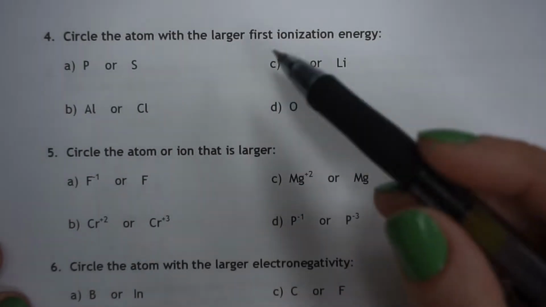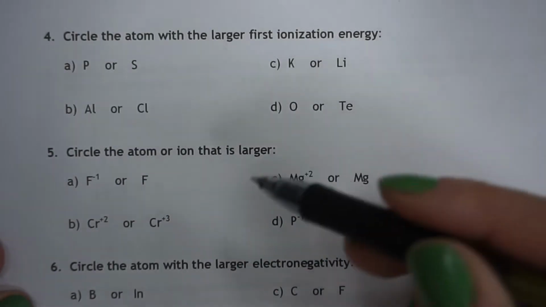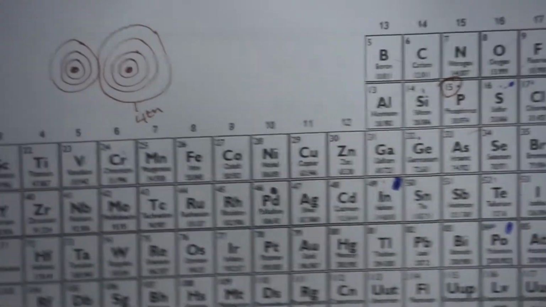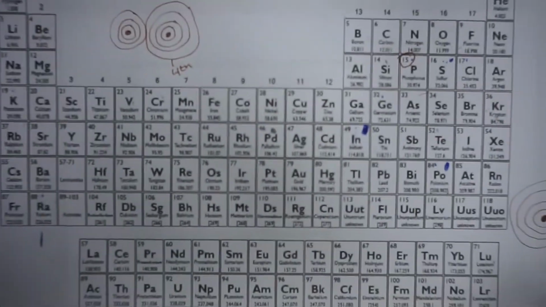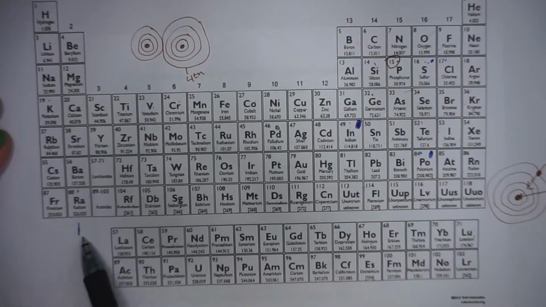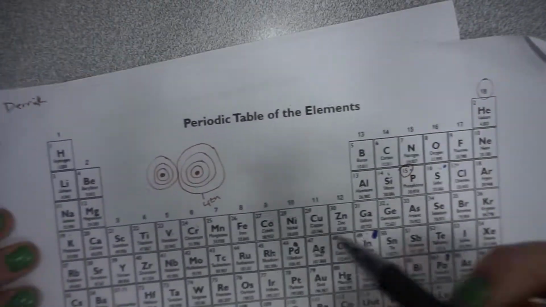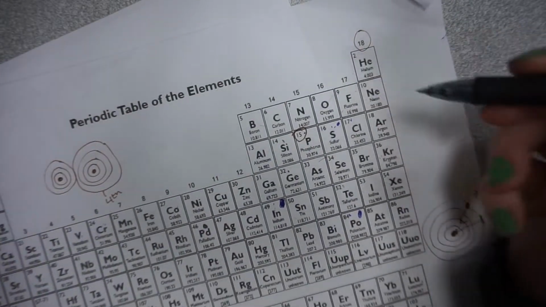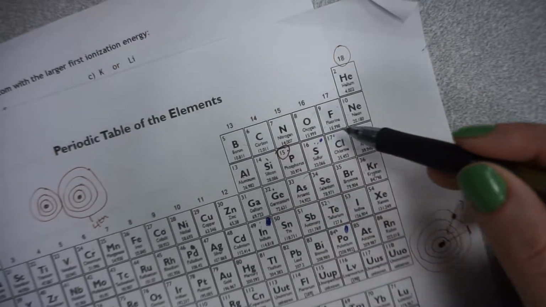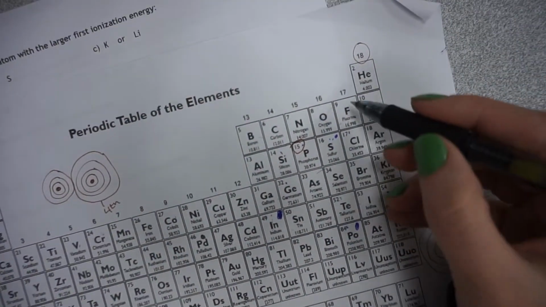Now, it says, circle the atom with the larger first ionization energy. So remember, ionization energy will increase as you go up and to the right, because up here there are fewer energy levels, and as you go to the right you have more protons, which pulls those electrons in.